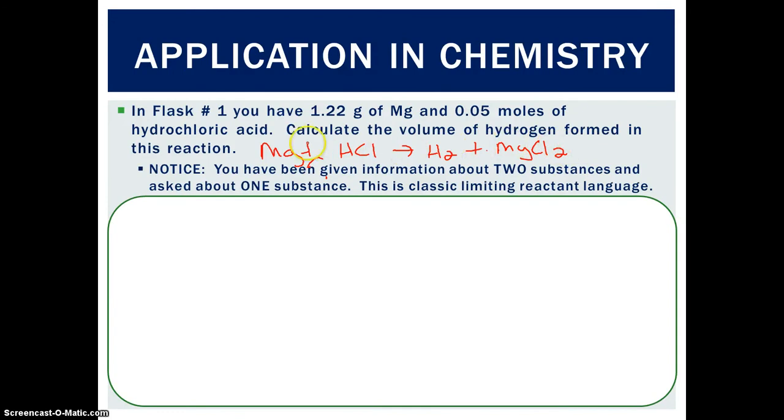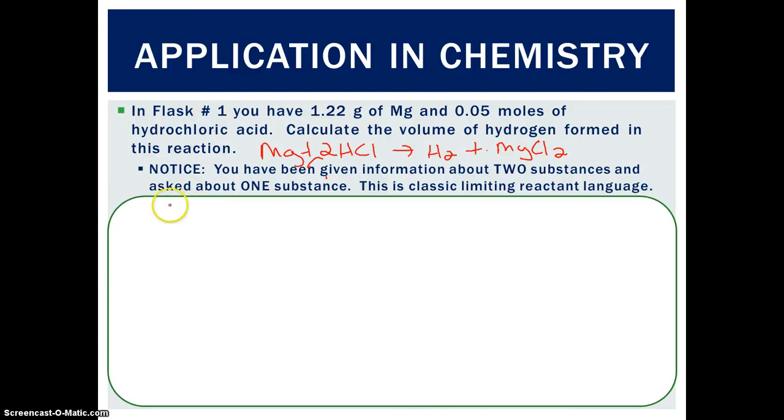In a balanced equation, this gives us 2 hydrochloric acids for every 1 magnesium. So this is clearly a limiting reactant problem. I have information about 2 substances, 1.22 grams of magnesium and 0.05 moles of hydrochloric acid, and I'm asked about 1 unknown, the volume of hydrogen formed.